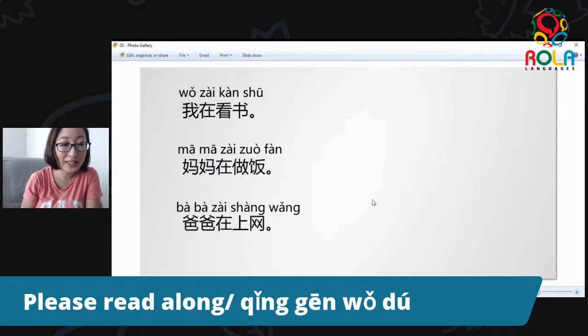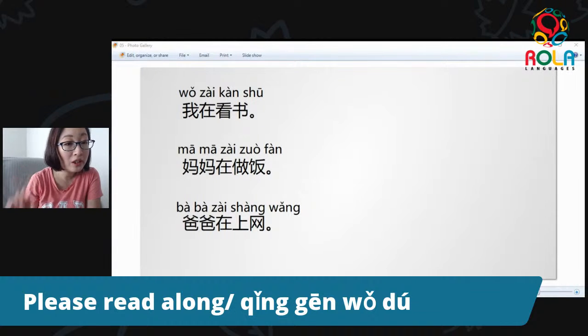Last one, 爸爸在上网. These three verbs, 看书, read a book, 做饭, cook a meal, 上网, surf the internet, are from the list I just gave you guys.